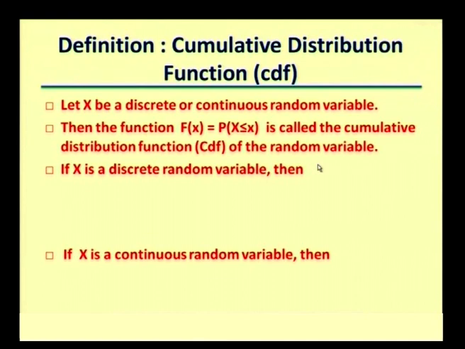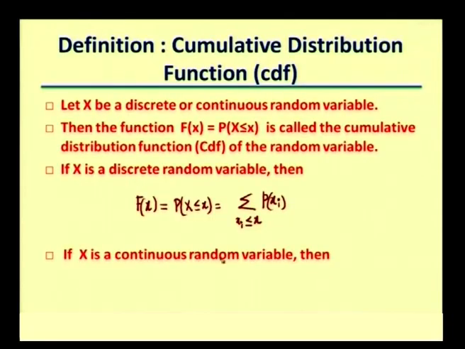If x is a discrete random variable, then we define the cumulative distribution function, CDF, as F of x is equal to P of X less than or equal to x. Since it is a summation, we have to use the summation sign, where xi takes all the values which are less than or equal to this particular number x, of P of xi. So for a discrete random variable, you have to use the summation because it is discrete, countable and finite sometimes.